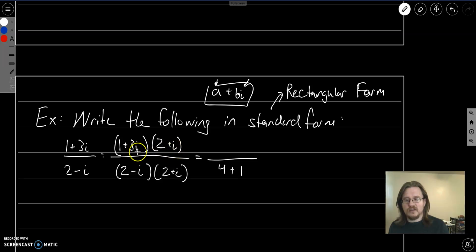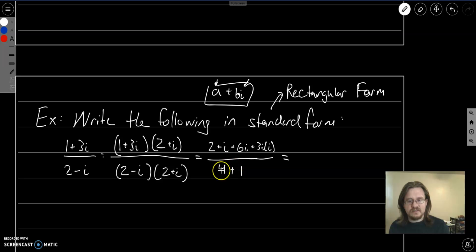The top is going to be a little bit more effort. So I'll have 1 times 2 is 2. If I FOIL, then the outside terms, 1 times i is i. 3i times 2 is 6i. And then I'll have 3i times i.